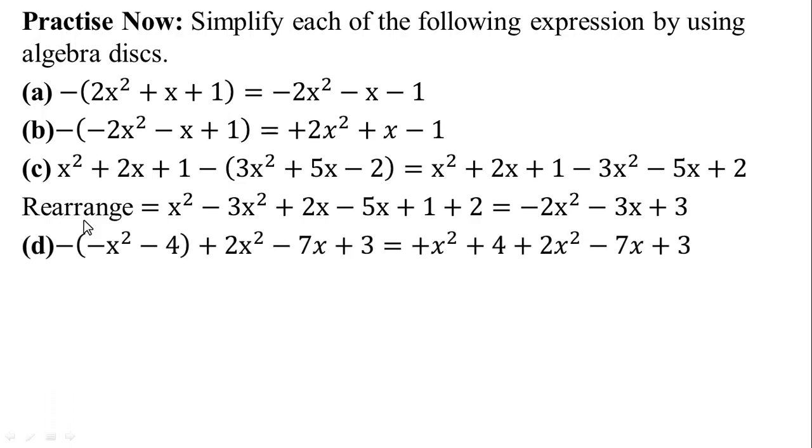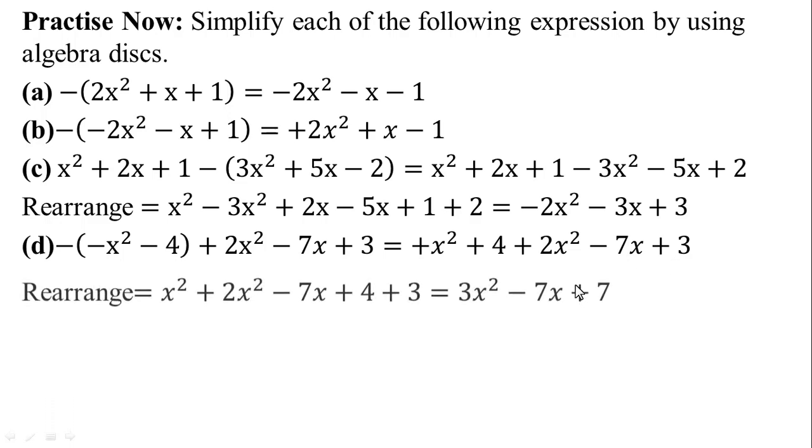Similarly in D part, now negative into minus x square minus 4 plus 2x square minus 7x plus 3. First of all, opening the bracket, minus minus plus, so plus x square plus 4 plus 2x square minus 7x plus 3.